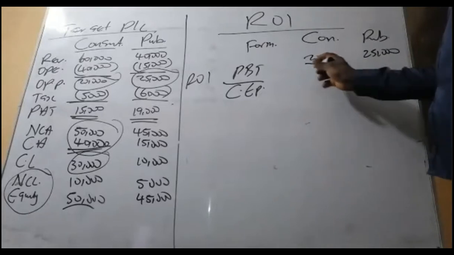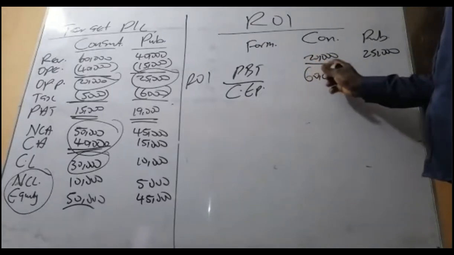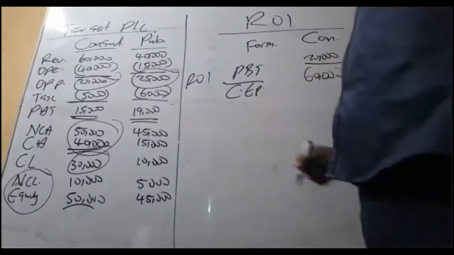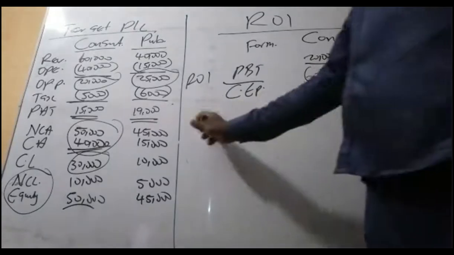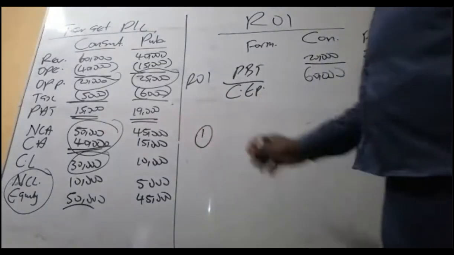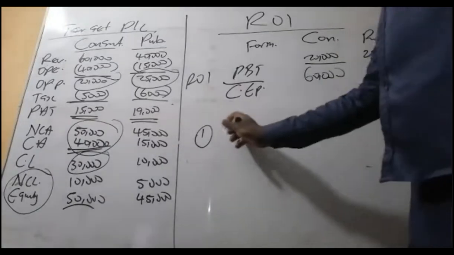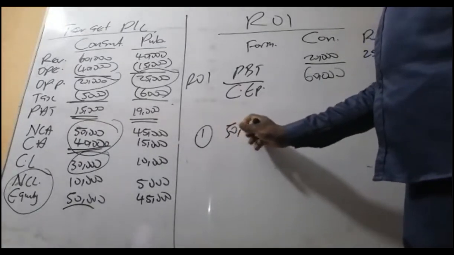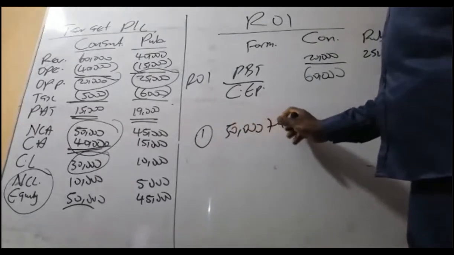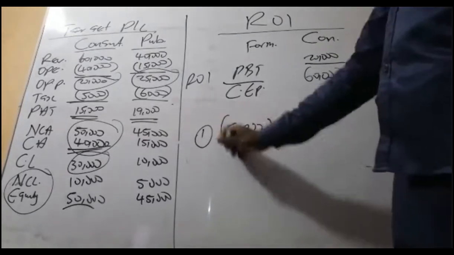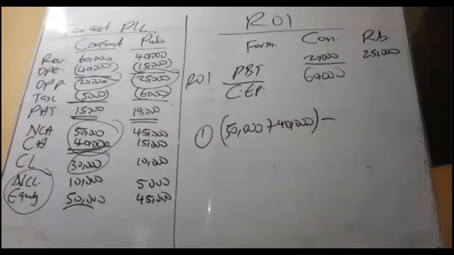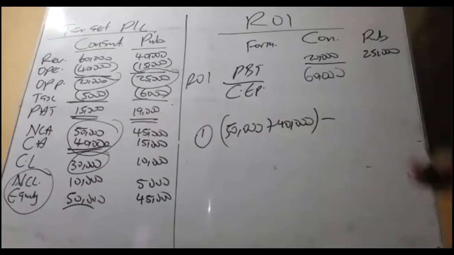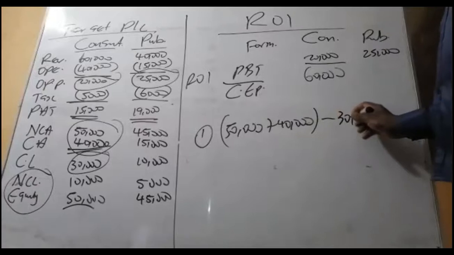To show working, in working one I pick the total assets of 50,000 plus 40,000, making 90,000, less the current liability of 30,000.